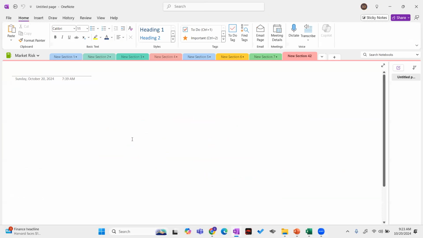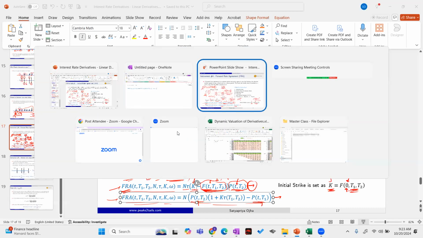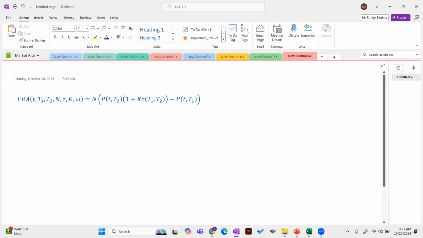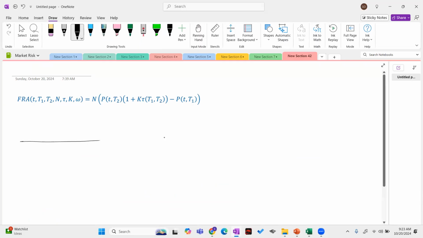Sorry, give me one moment. Okay, we have this formula. And since you asked, I will derive it using two steps. What is the cash flow diagram? So we have the notional N and K tau here. Let's move this a little bit. Sorry.